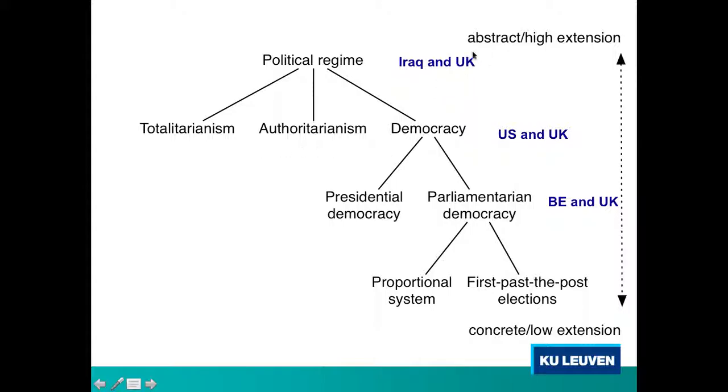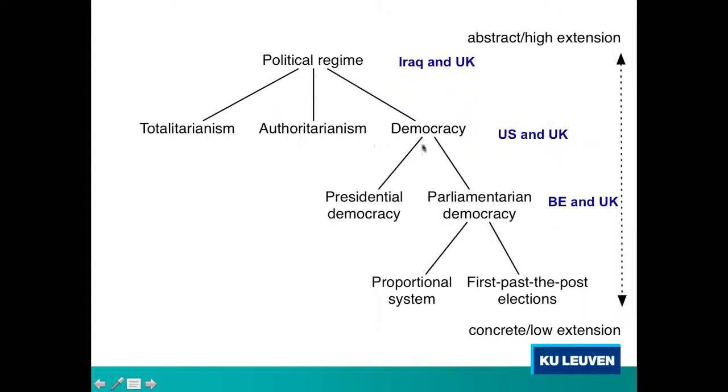Iraq and UK are quite distant cases, but let's now suppose you are working with closer cases, such as US and UK. Both are democracies. So actually you can go towards a less extensive concept and a more intensive concept. You can move down the abstraction ladder because your cases are closer.